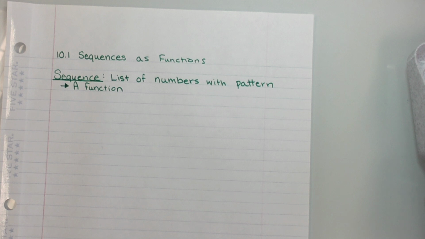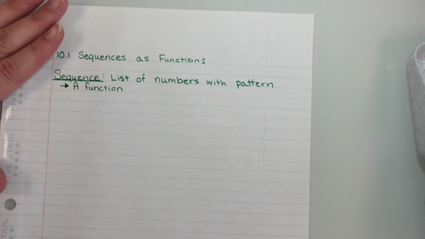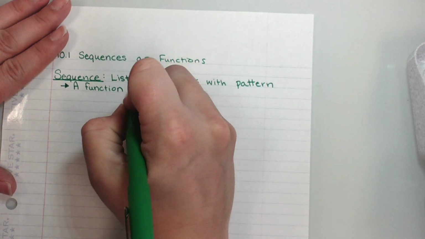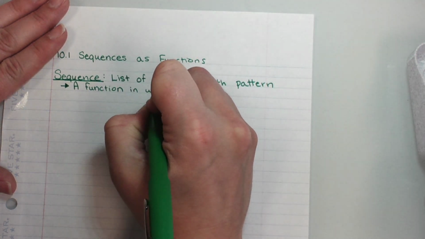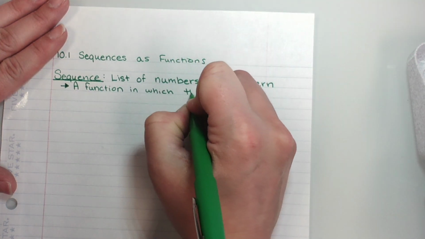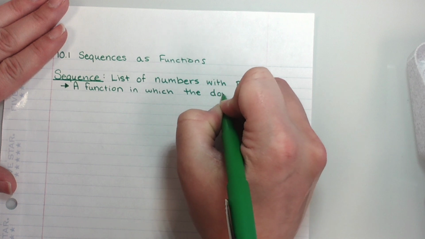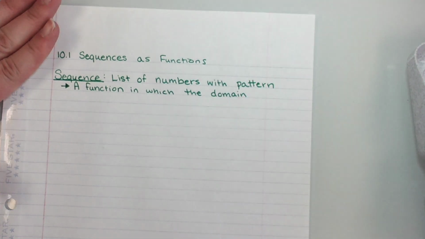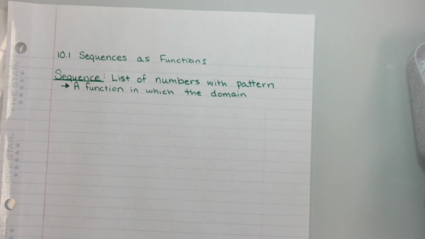Now, speaking of the input, to go a little bit further, a sequence by its technical definition is a function in which the domain, what's a domain? It's typically the x values.